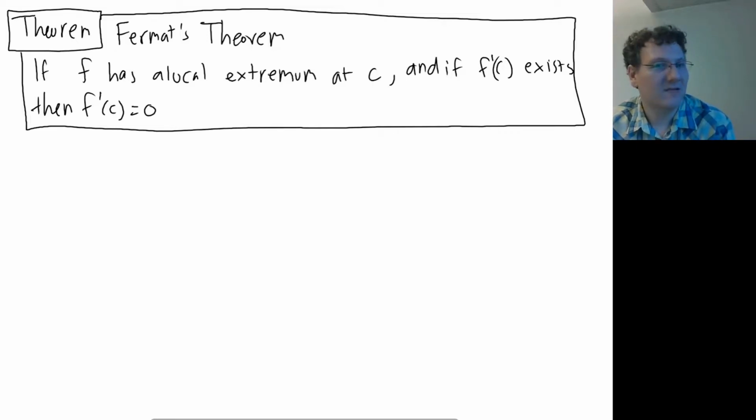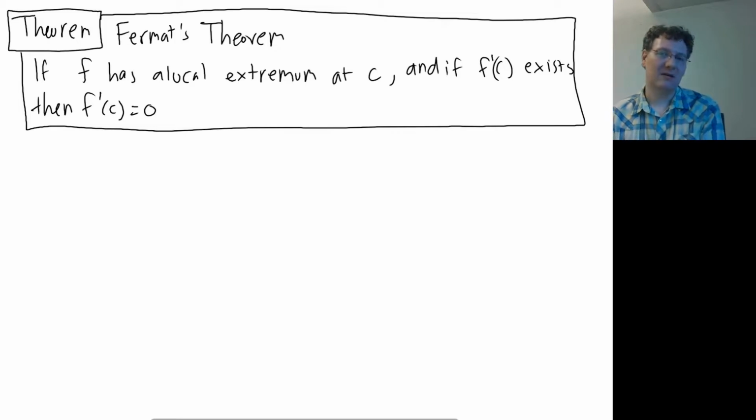Fermat's theorem. It's not Fermat's last theorem, if you've heard of that. This is just one of his theorems. If your function has a local extremum, which is to say either a local maximum or a local minimum at c, and if the derivative exists at c, then the derivative at c has to be 0. It can't be anything else.